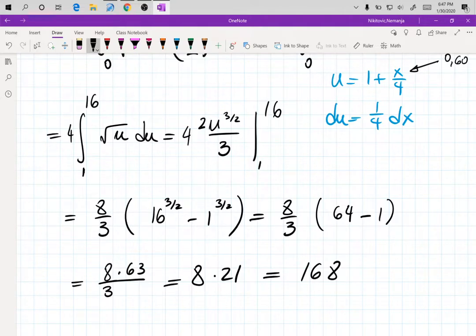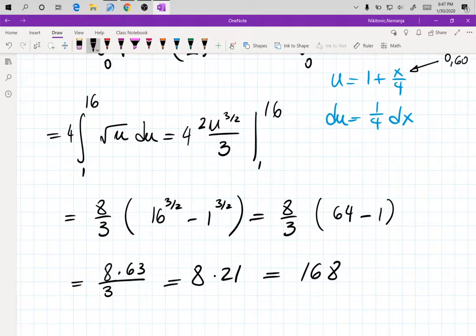But when you have limits, you don't have to switch back, because you can switch your limits from x to u as well, and then the entire integral is in terms of u, and you stick the u limits inside the u integral, and then you get 168. So if you don't like that, then you integrate u, you go back to x, and then you use 0 and 60, and you still get 168.